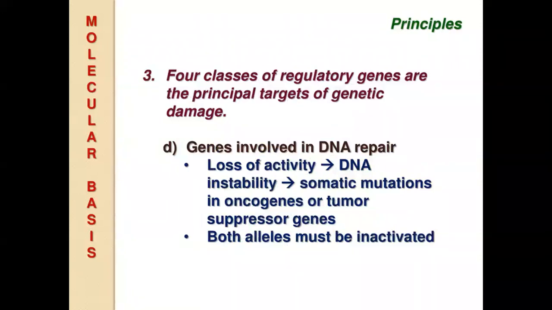The fourth one is the genes involved in DNA repair. Loss of activity leads to DNA instability, which ultimately results in somatic mutations in oncogenes or tumor suppressor genes, and both alleles must be inactivated.